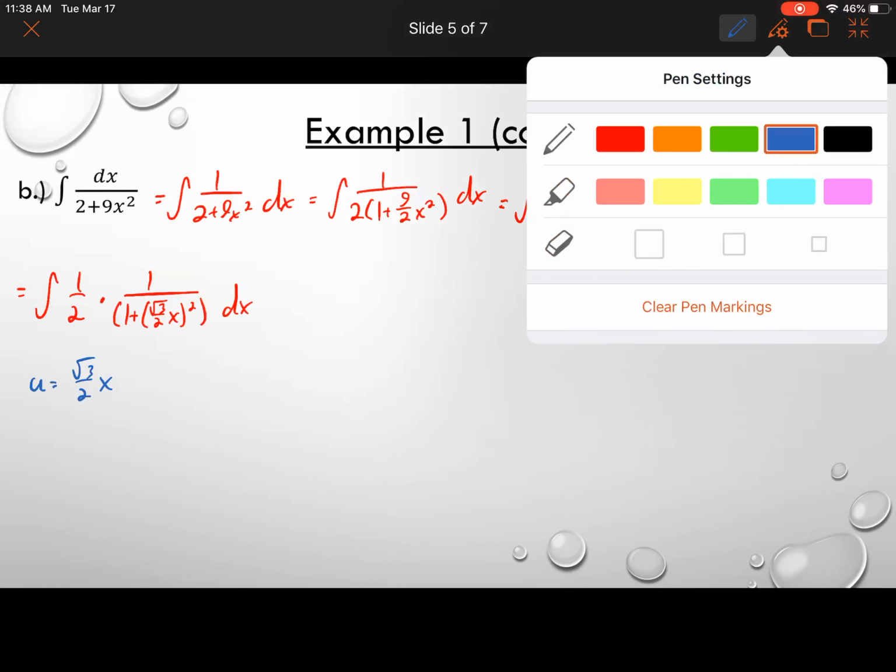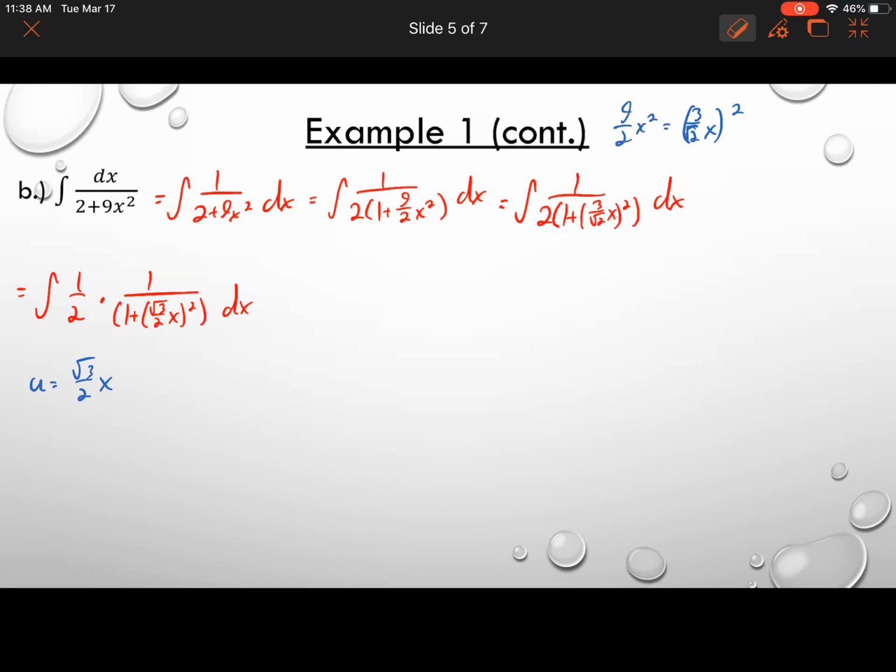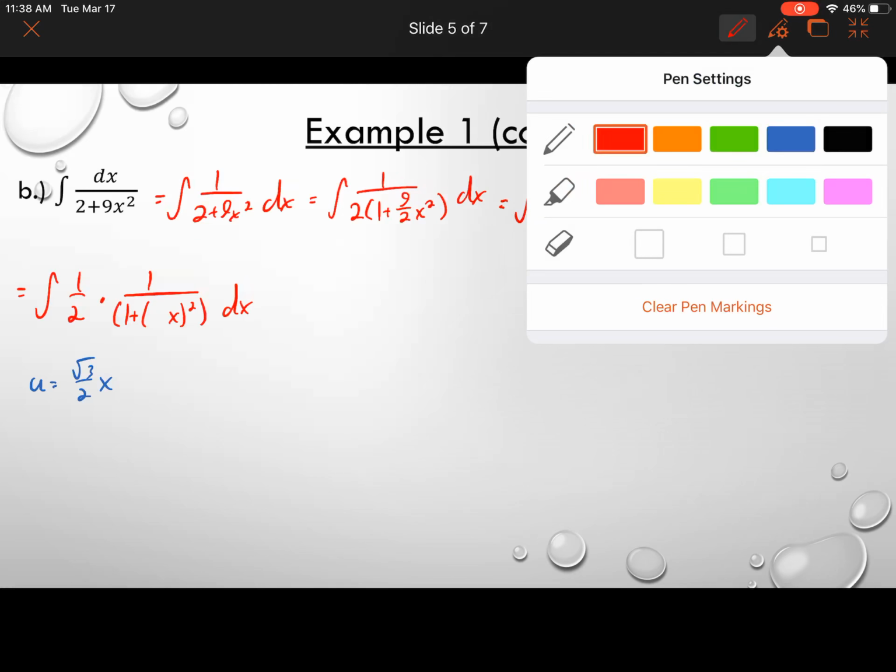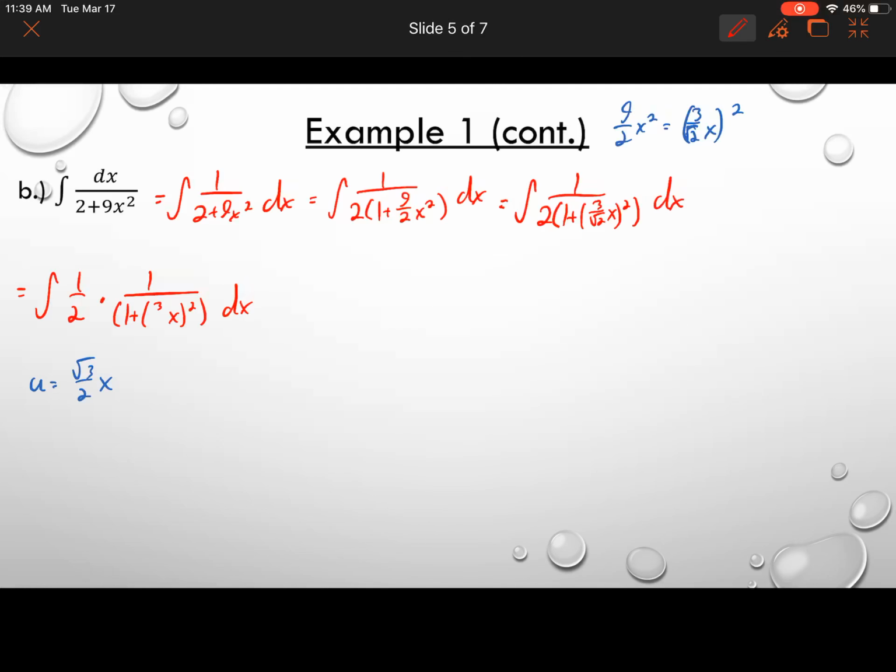Whoops. I wrote that incorrectly. I apologize. It should be 3 over radical 2. So u is 3 over radical 2 x. The derivative is just that constant, 3 over radical 2.